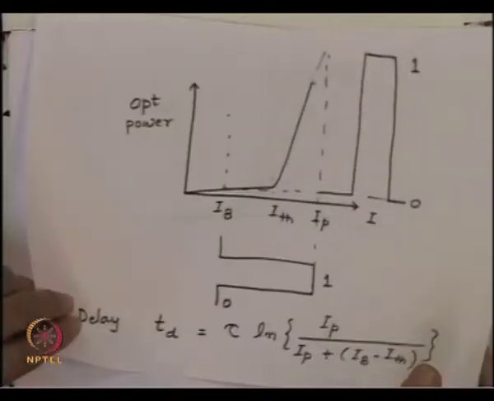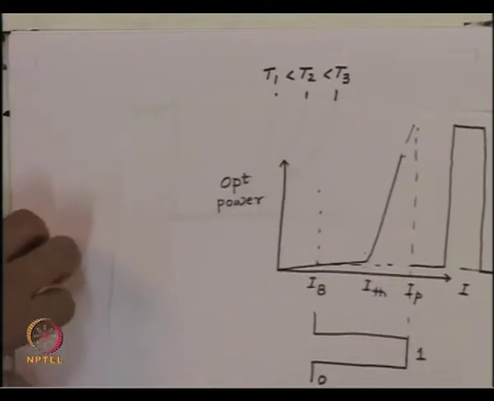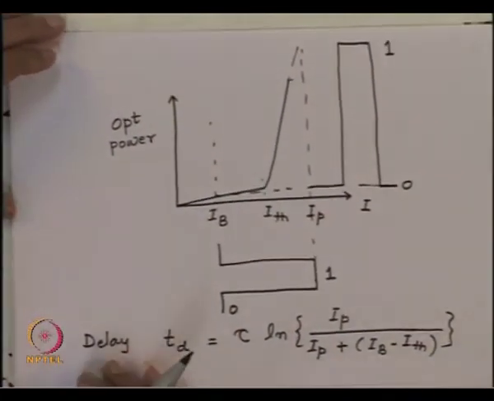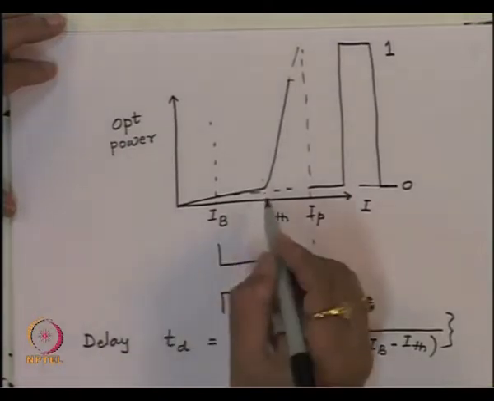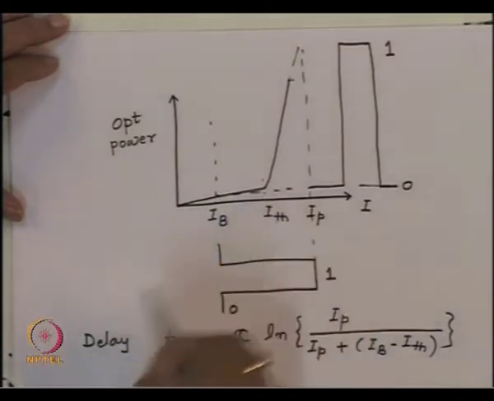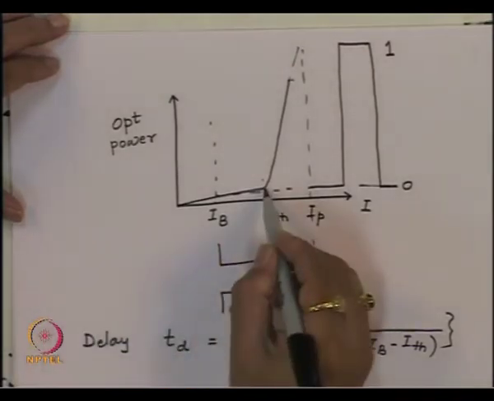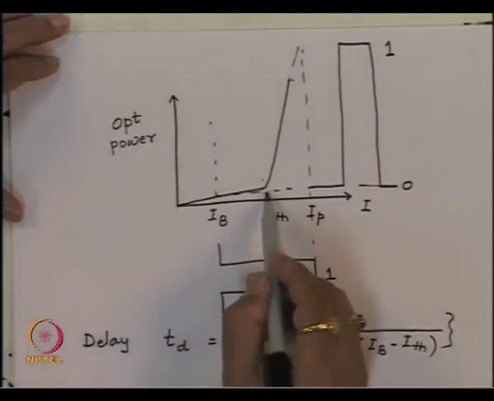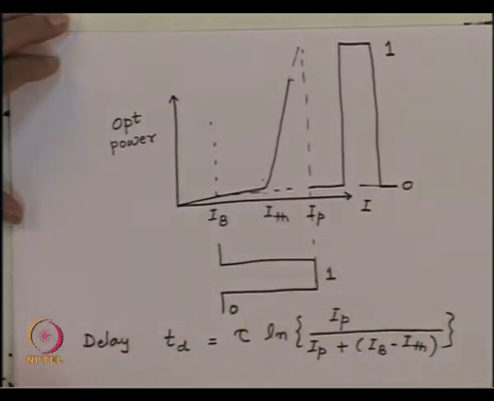So, initially let us say if we had biased the laser at certain point here, then because of the current flow all the time, the junction temperature will increase. When the junction temperature increases, the threshold current will increase. So, the biasing current will become smaller than the threshold current. So, it will introduce essentially a delay.